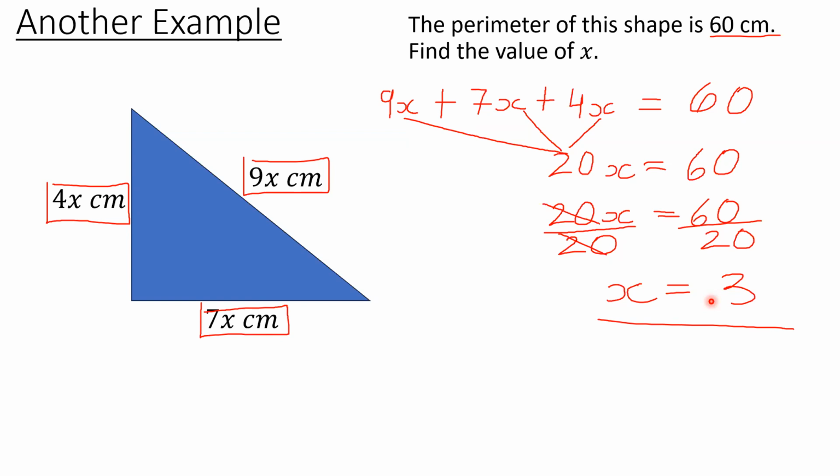You can't find the perimeter of the shape without x. The only other way you could find the perimeter is if there's no x, then you just add up all the numbers. But because they have x there, they have to give you this value, and they will always do that. All right. Yes, sir. Thank you.